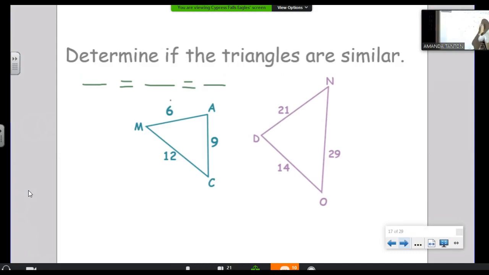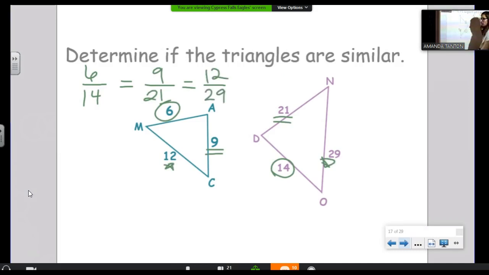So, smallest and smallest, 6 is to 14, as medium, medium, 9 is to 21, as large, large. You can cross multiply a couple of times if you want, or you can just divide each fraction, or you can reduce each fraction. It's totally up to you.